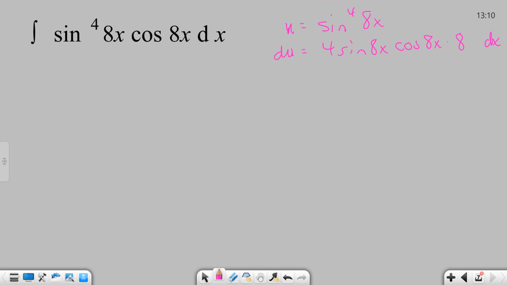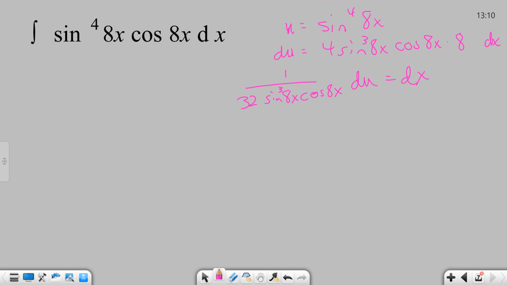Yeah, so I'm good. Where'd my x go? So this is 1 over 32 sine 8x cosine 8x du equals dx. Should it be sine 8x to the third? Correct. Thank you very much. I was just testing you. Good.